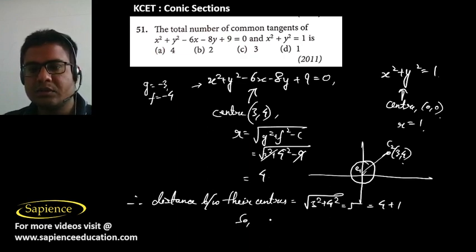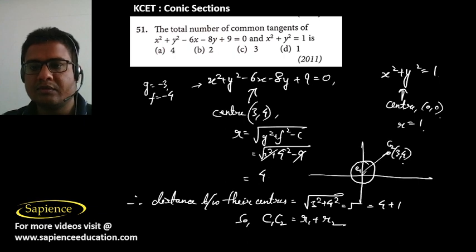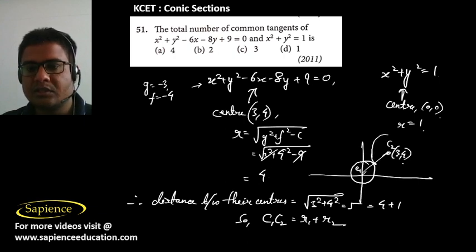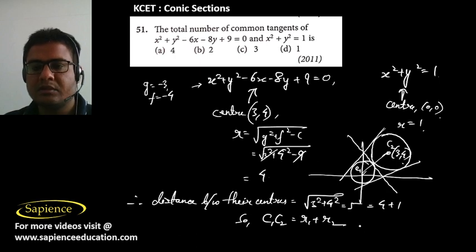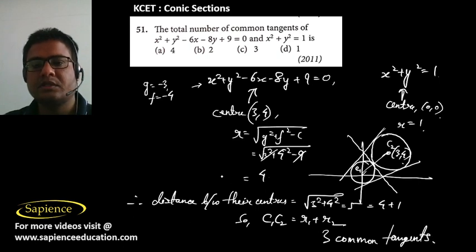So therefore the distance in between their centers is equal to the sum of their radii. So they will just touch each other externally. So there will be 3 common tangents, 1, 2 and 3. So there are 3 common tangents. So therefore option C is the correct answer.